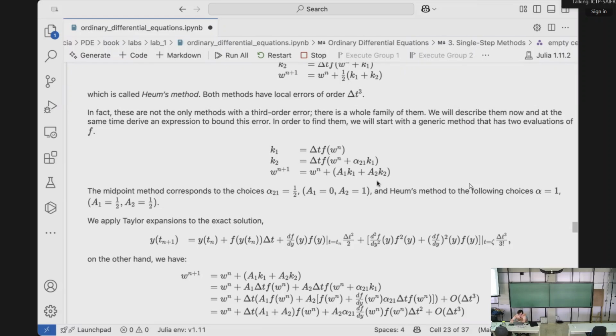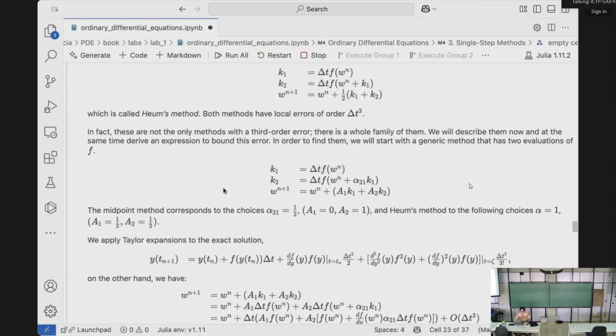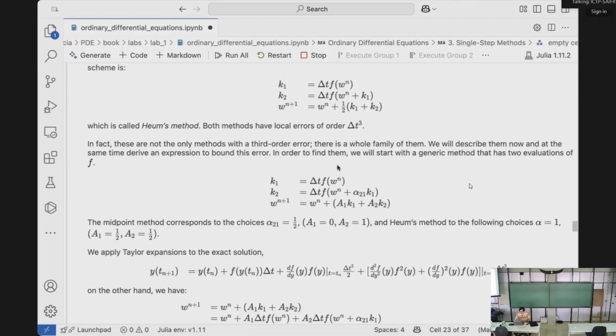In general, it will be linear, for example, if you are not careful with what you do, but if you are careful, you can cancel out some terms, right? So for example, the midpoint method, the first method that we saw, would be exactly this, but using alpha equals 1/2, a1 equals 0, and a2 equals 1. And Heun's method is with alpha equals 1, a1 equals 1/2, a2 equals 1/2, right? So this method here is the same as here, but using these values of alpha, a1, and a2.